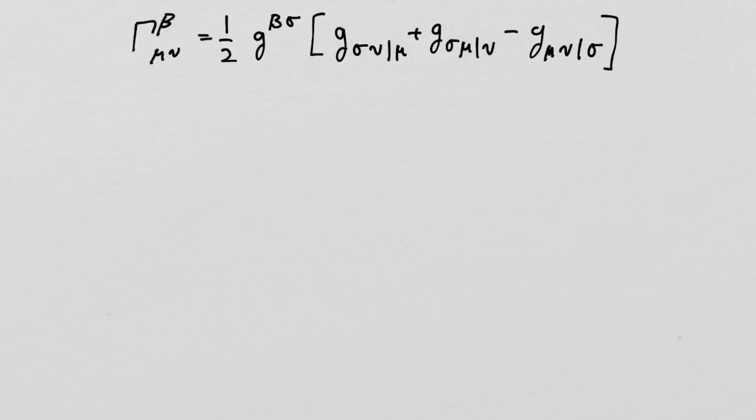So let's start with gamma 0, 0, 0. So beta equals 0, mu and nu equal 0. So everything except sigma equals 0.